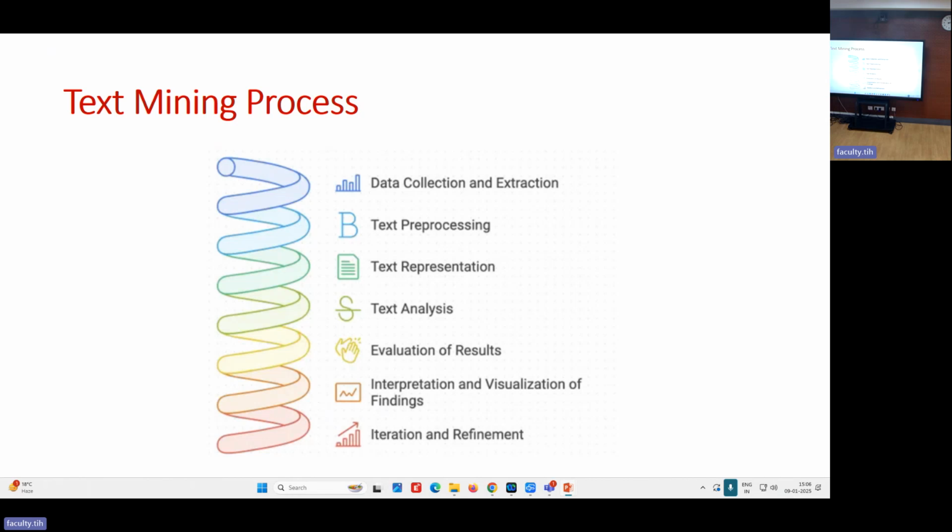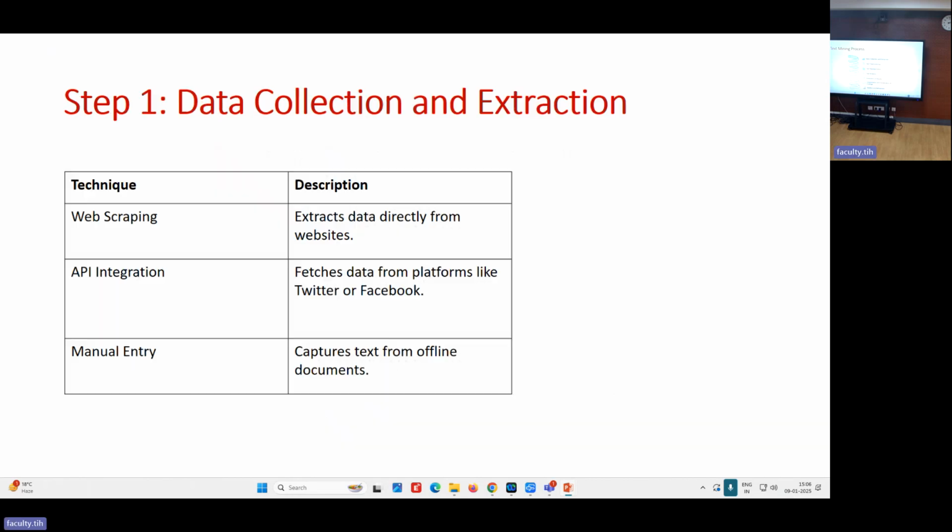So in data collection and extraction, the very first thing you can do is follow manual techniques to collect your data.